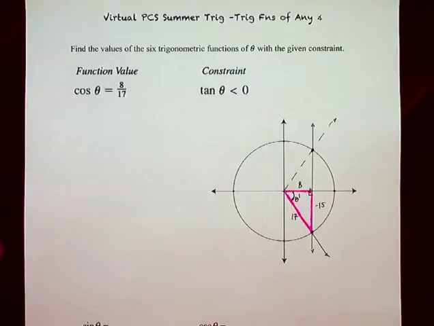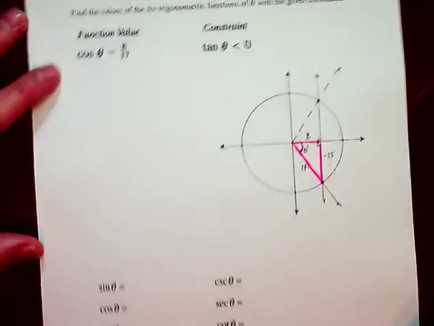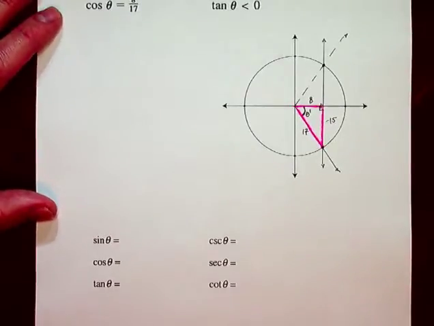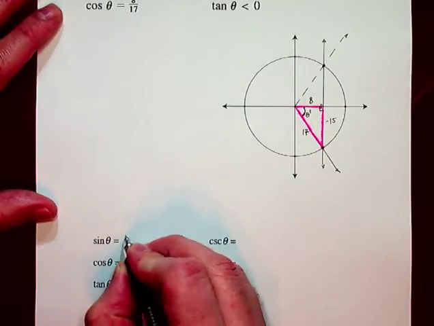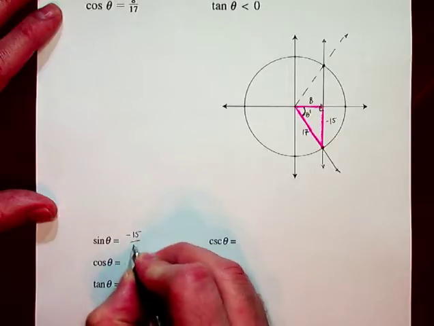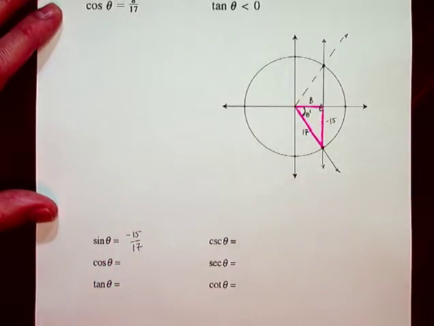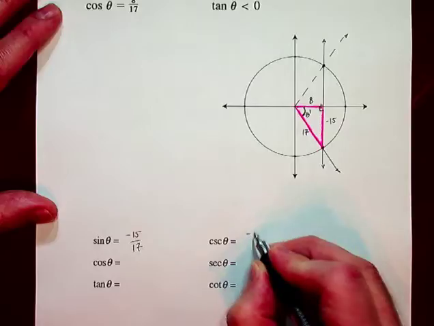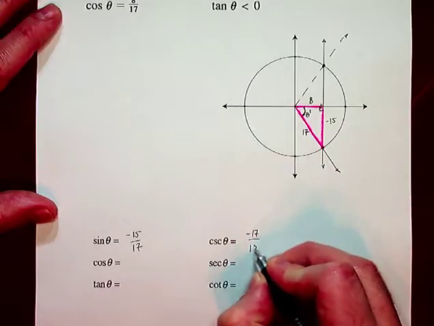Now that I have my complete triangle, all 3 sides of it, I can go ahead and just start reading those ratios right off of the triangle. And I know that my opposite over hypotenuse is negative 15 over 17, the reciprocal of which is negative 17 over 15.